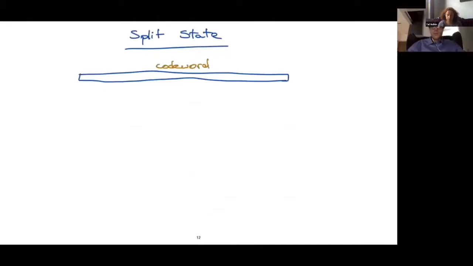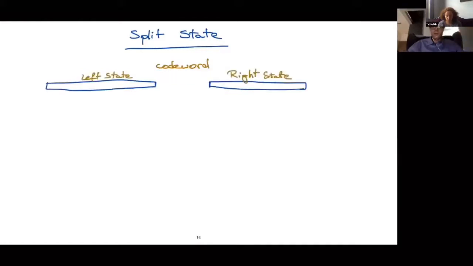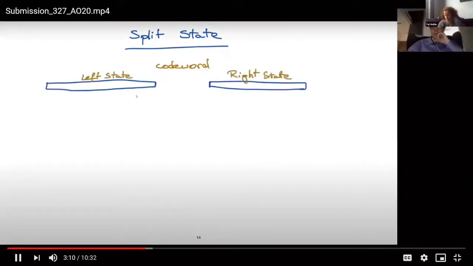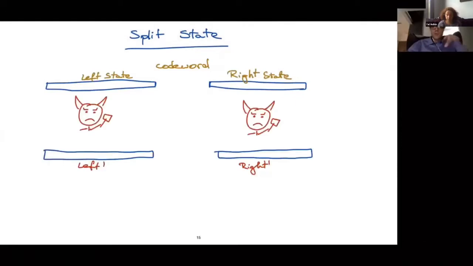What's split state? Well, we've got a code word, we cut it in half. That gives us a left state and a right state. Now, the adversary will tamper with each state independently. What it means is that when the adversary is tampering with the left state, he does not see the right state, and the right adversary does not see the left state.